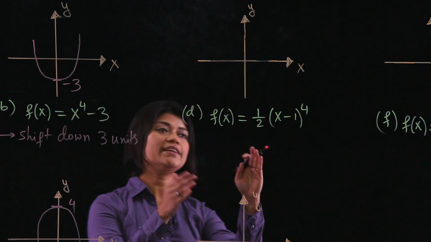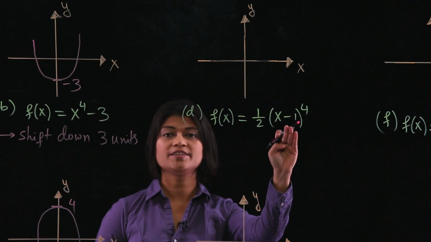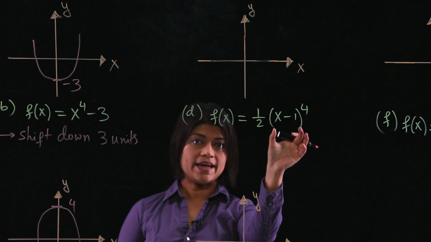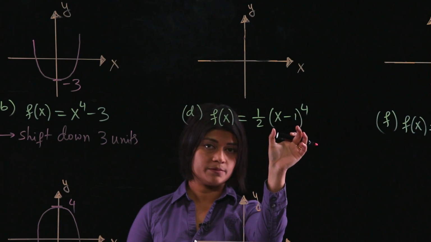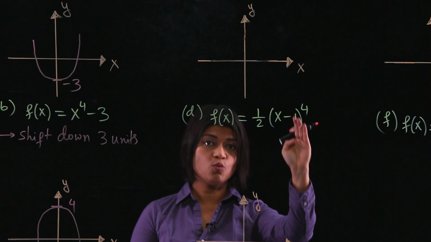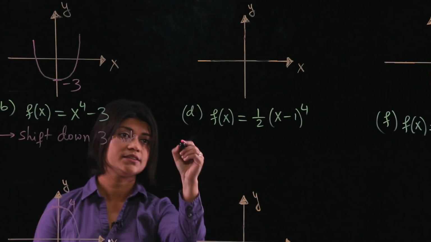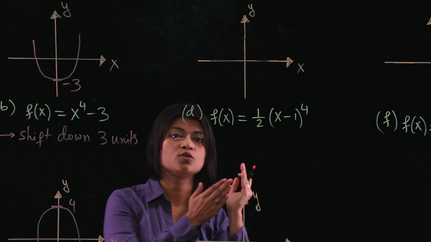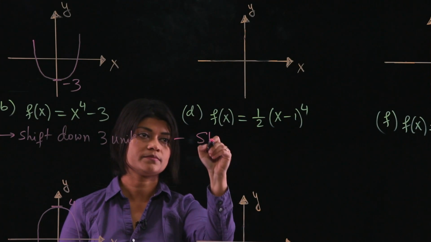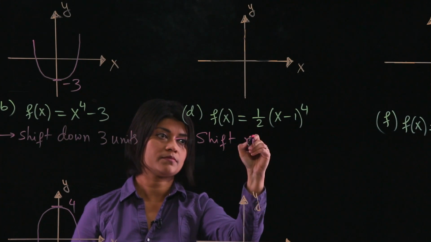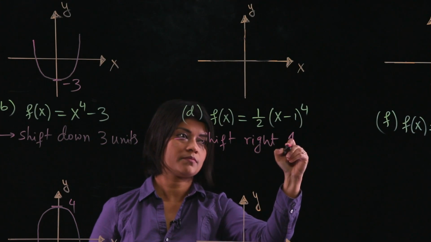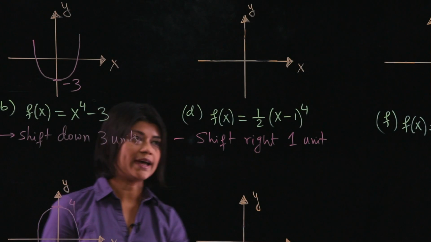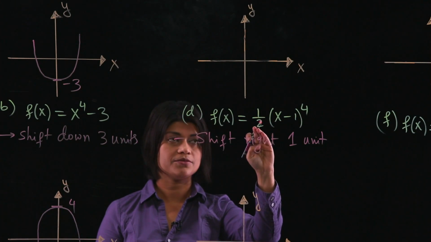So the next function is 1/2 times x minus 1 to the power 4. Look at this x term. Since we have x minus 1 to the 4, that means you take the graph of x to the 4 and shift right 1 unit. Next, you look at this constant 1/2.